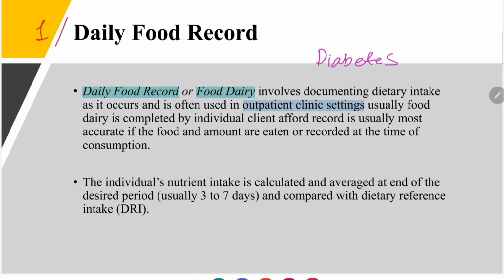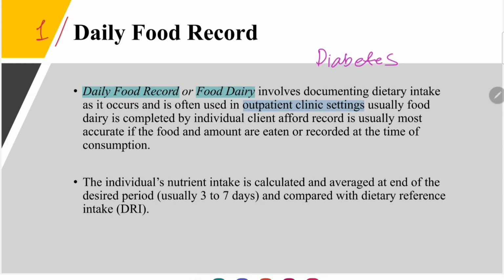A food record is usually most accurate if the food and amount are eaten or recorded at the time of consumption. فهنا ممكن يكون more accurate صحيح أكثر إذا كان البيشنت قاعد يسجل daily food record حقه at the time he eats it.